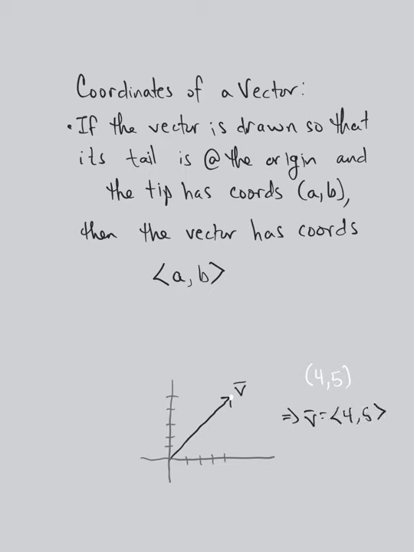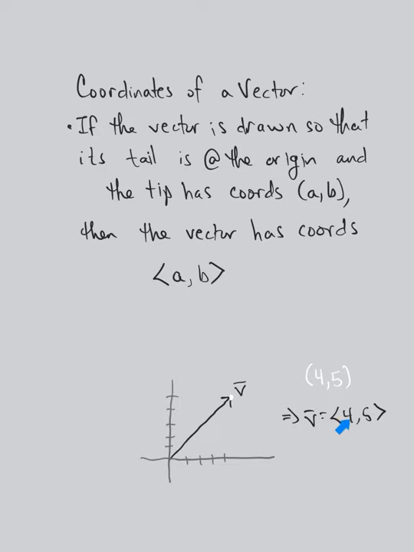Okay, sometimes it's important to distinguish between the point and the vector. There's some situations where we don't really distinguish between them. So you just got to be a little bit careful about the context of what you're working on. But the subtle difference is a point is just a location. Okay, it just tells you where something is. But a vector is an actual physical quantity with magnitude and direction.